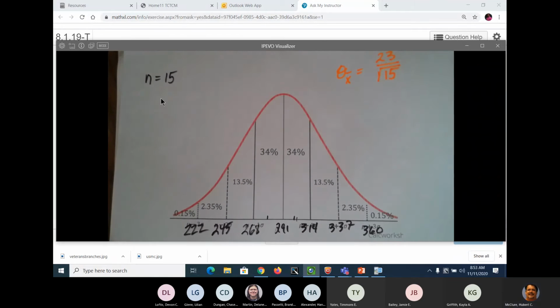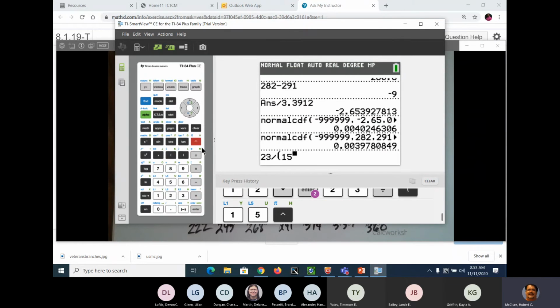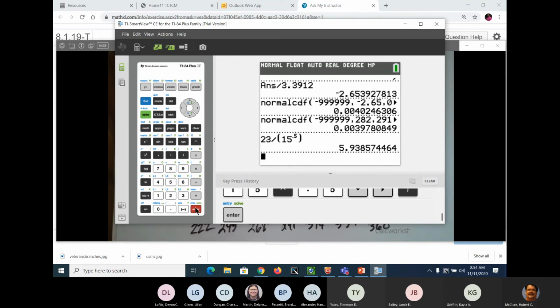So 23 divided by parentheses 15 raised to the 0.5 power, close parentheses. Our new standard deviation is 5.9386.